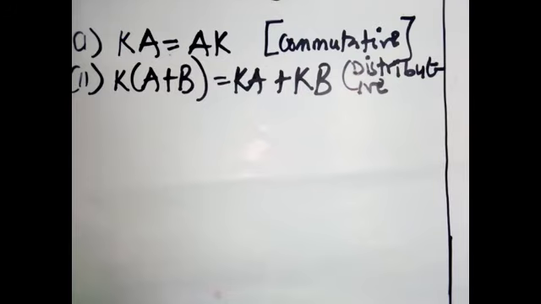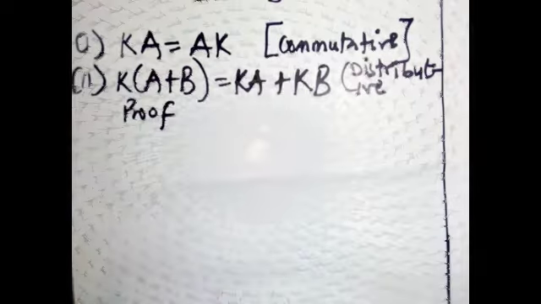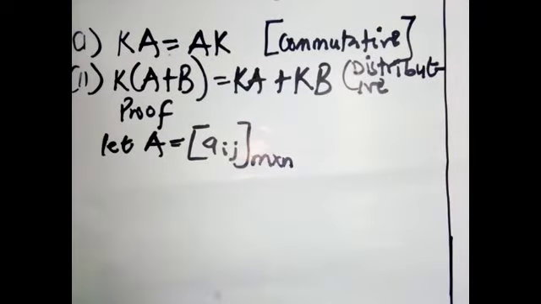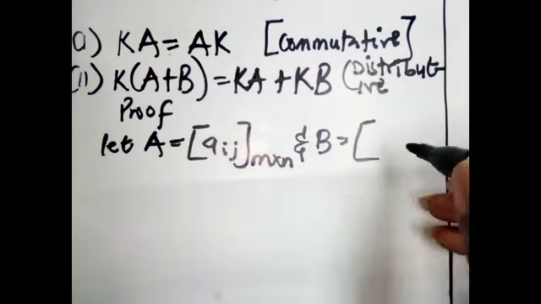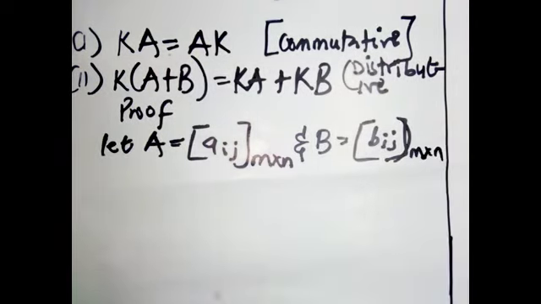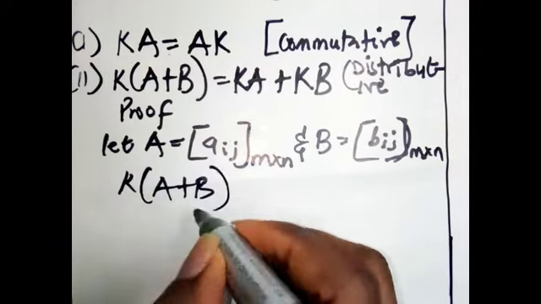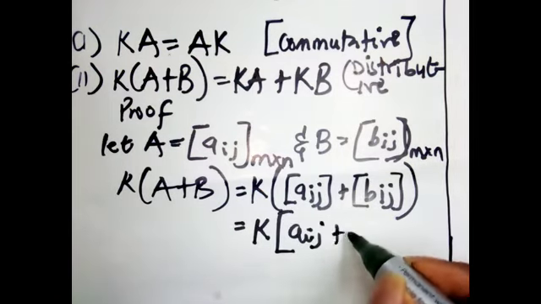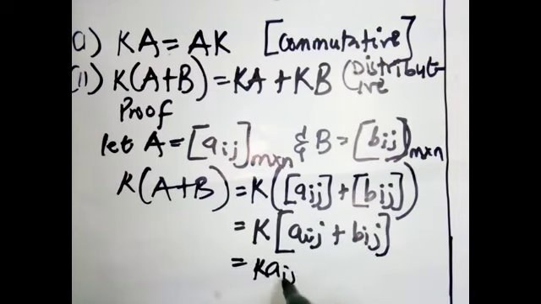Let us prove the distributive property of scalar multiplication of matrices, to Ka plus Kb.